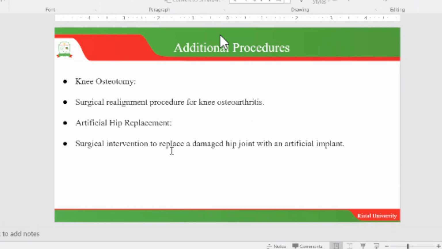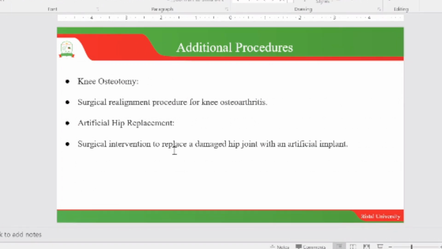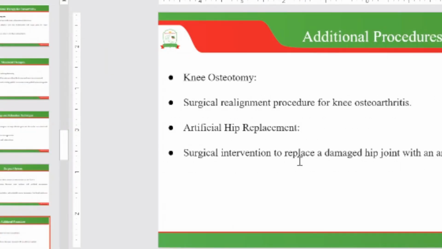So the additional procedures that we have: the knee osteotomy, or I don't want to call it ostomy because we remember what ostomies are, but really it is knee osteotomy, which is a surgical procedure that looks at realigning the bone of the knee joint. Okay, and it is more prescribed for people who are a little bit young compared to those who are a little bit old, and it is typically performed under general anesthesia.